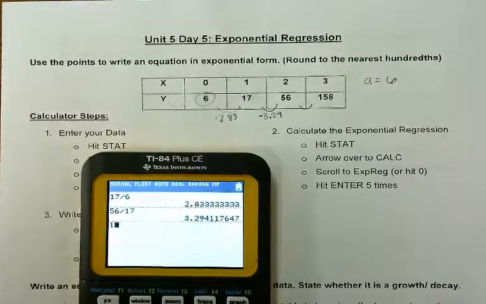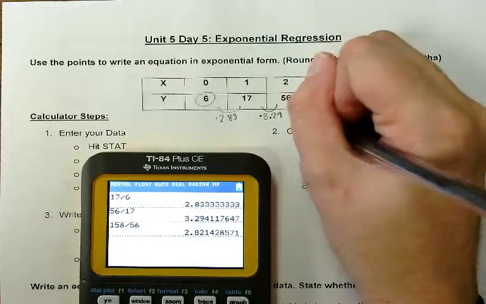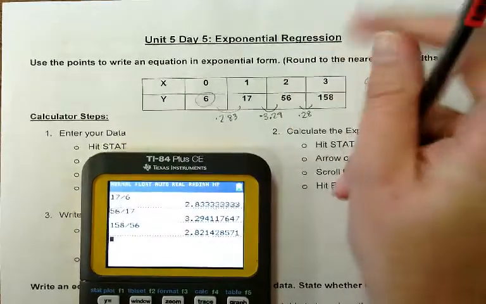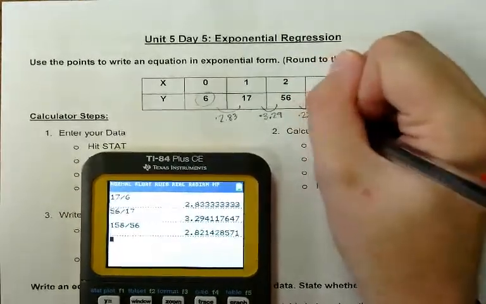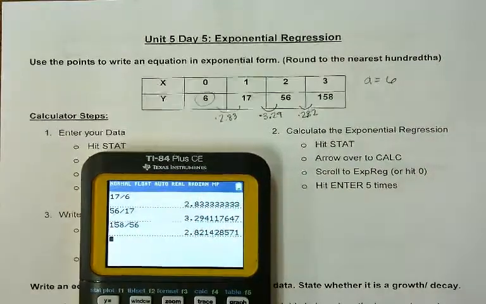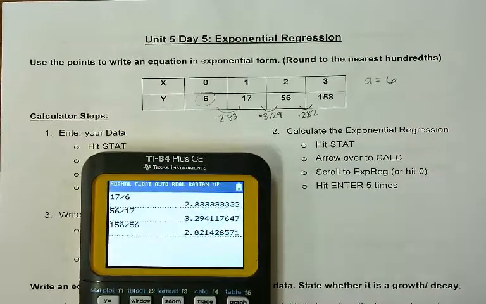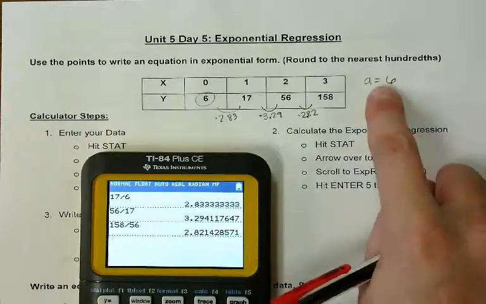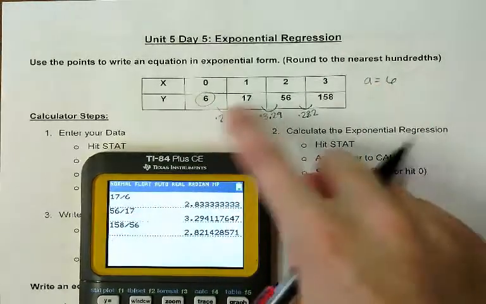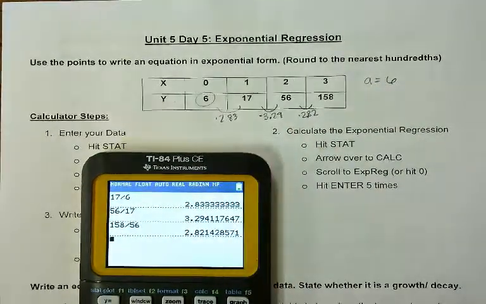Do y'all see that? If I do 158 divided by 56, we get times 2.82. So guys, this right here is a real world example. So we can't use our a because we don't have a consistent b.